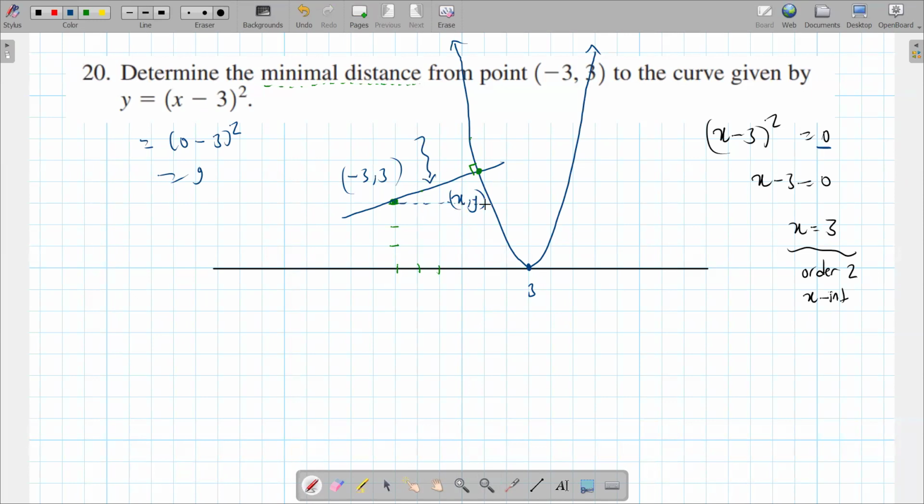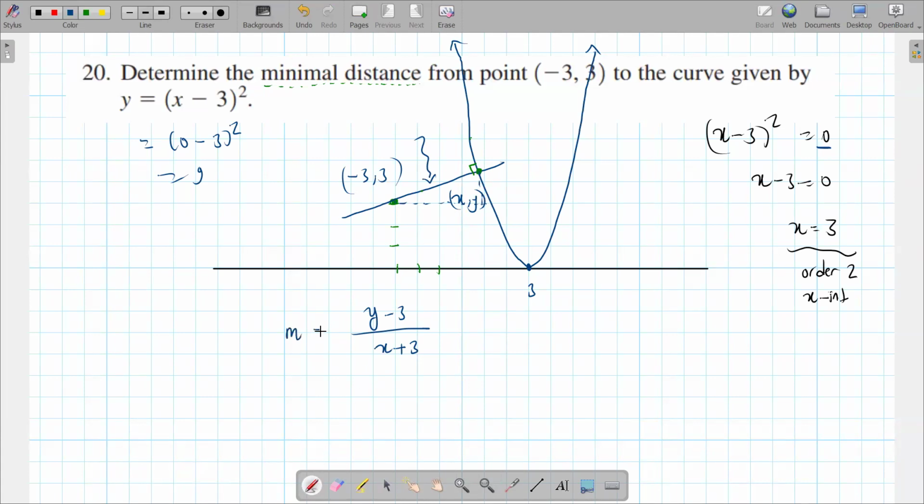I'm not kidding with you. Eventually, when you keep doing math, you'll never see a number more than 1 digit. Everything is going to be in terms of letters. So the slope of this line: rise is going to be y minus 3, this point's y value minus this point. What's going to be the run? X plus 3. So that's our slope, okay?